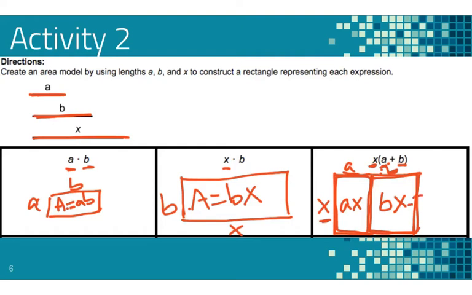So my total area would be AX plus BX. I don't know if you can see that all that well. Okay. If you are feeling really ambitious, you can get that same value by distributive property. So X times A is XA, or remember you can reverse them, use that commutative property, and X times B is the same thing as BX.